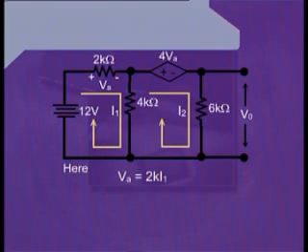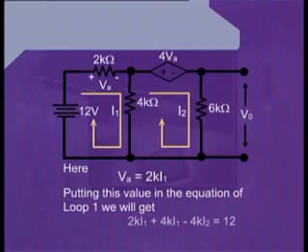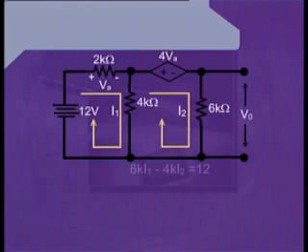Now we can put this value in the equation of loop 1. Therefore, we will get 2K I1 plus 4K I1 minus 4K I2 is equal to 12. Simplifying it, we can get 6K I1 minus 4K I2 is equal to 12.